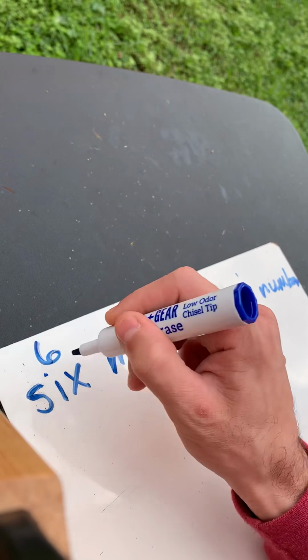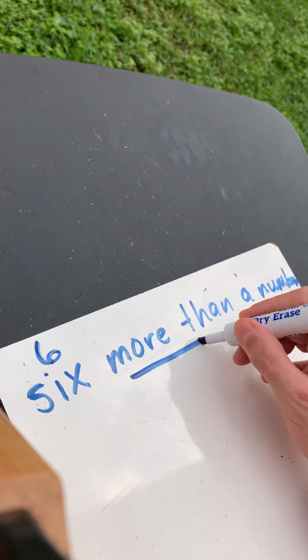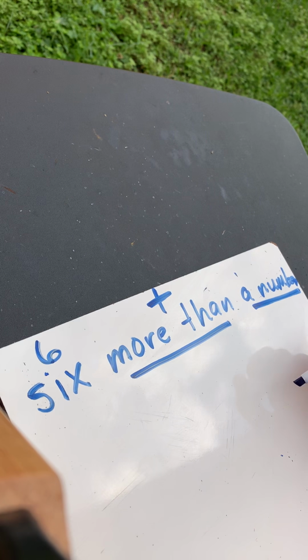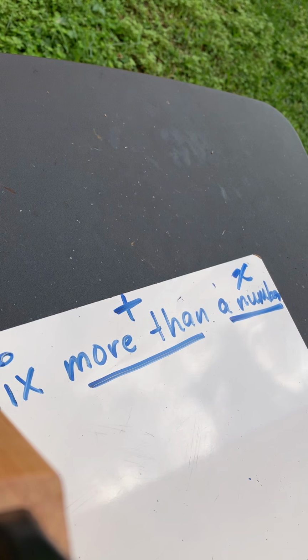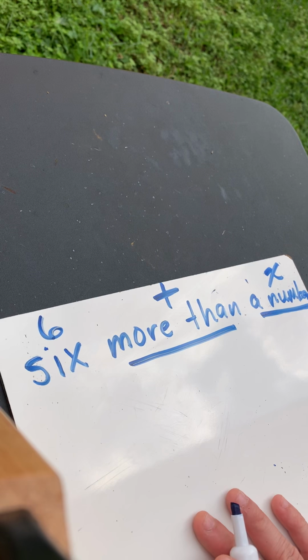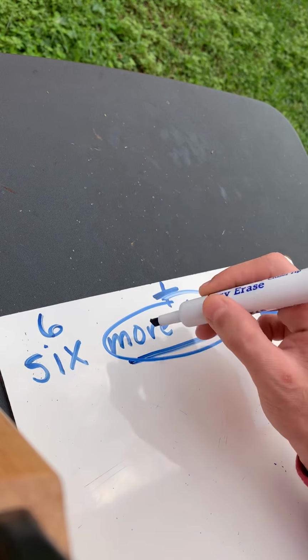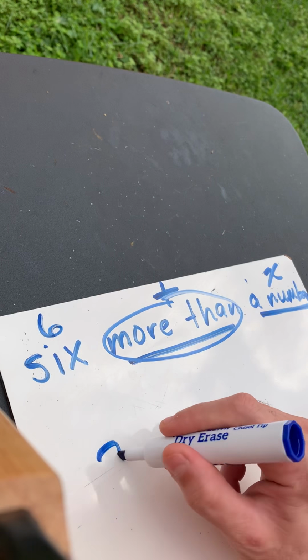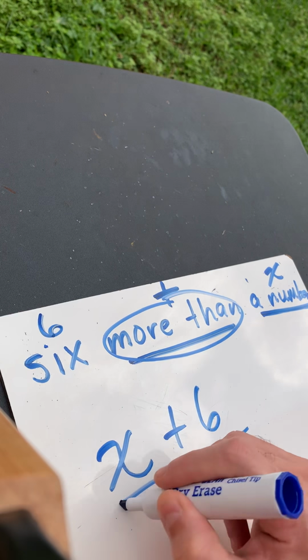So 6 is 6, more than means plus, and a number is a variable because we don't know the value of it. Now, since more than is an order changer, it wouldn't be 6 plus x, it would be x plus 6.